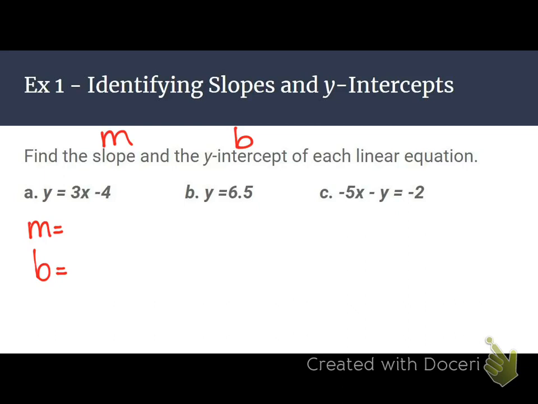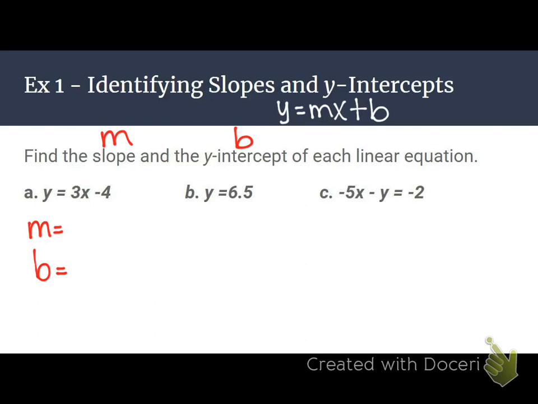Now, we know m and b pretty easily as long as we are in slope-intercept form. That's what we were looking at on the previous slide. That's when y equals mx plus b.